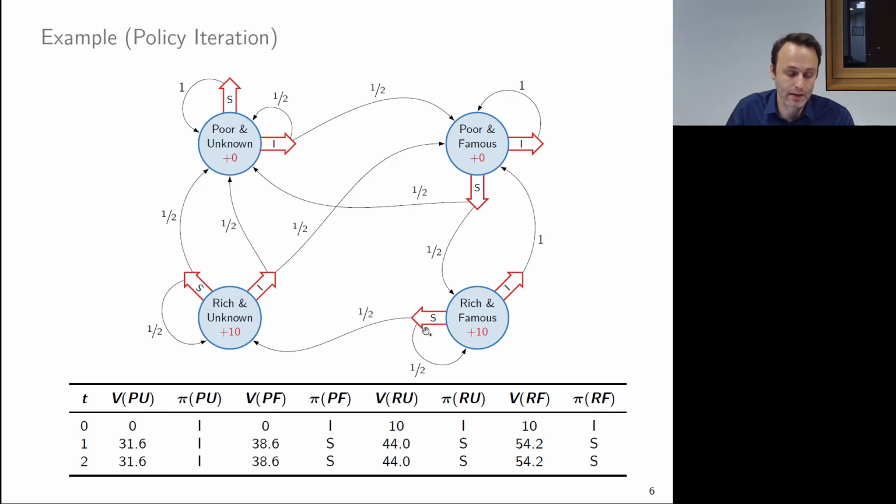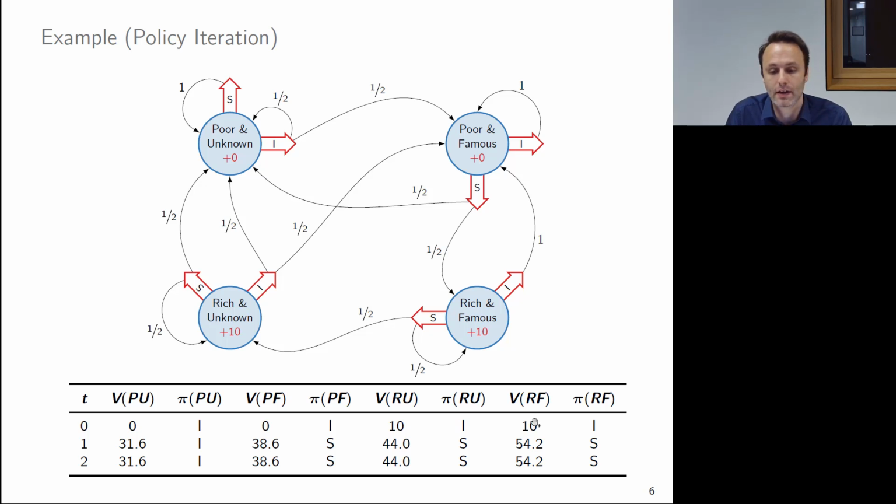And now we can try to look at whether in this case we can actually improve our policy and get a better value out of that. And actually we can do so.